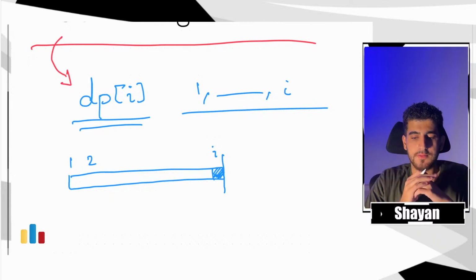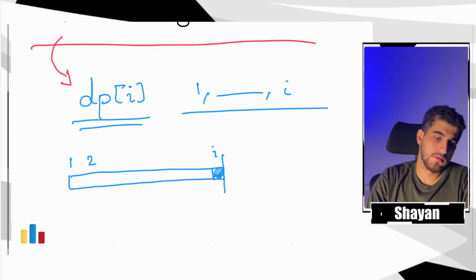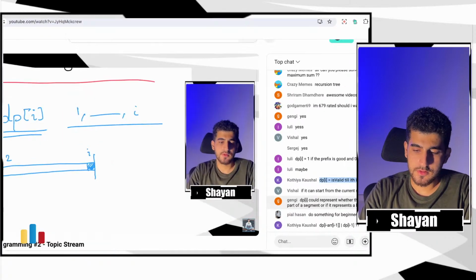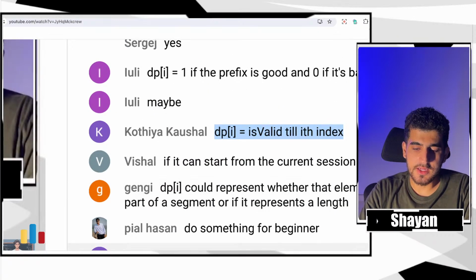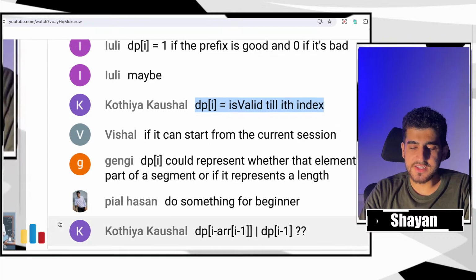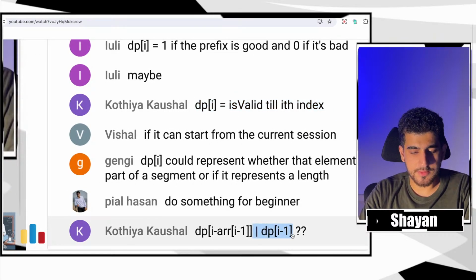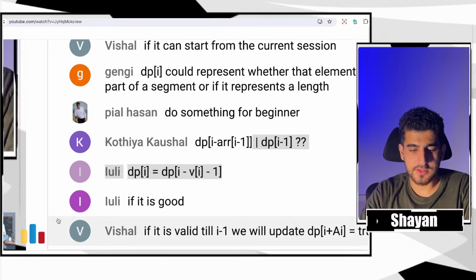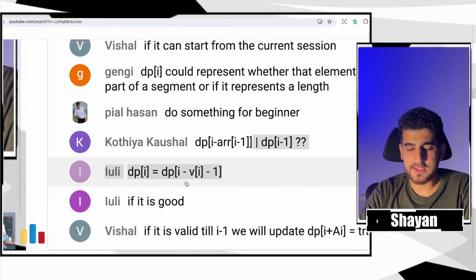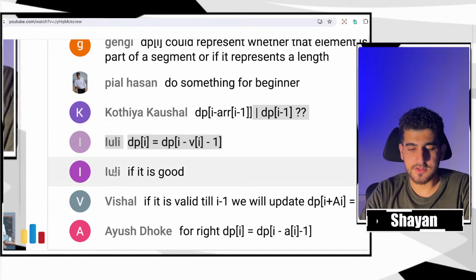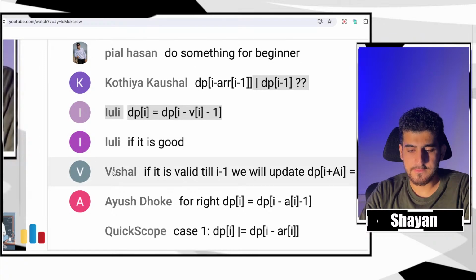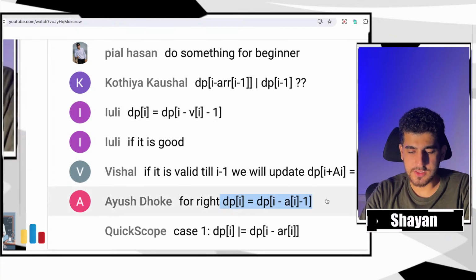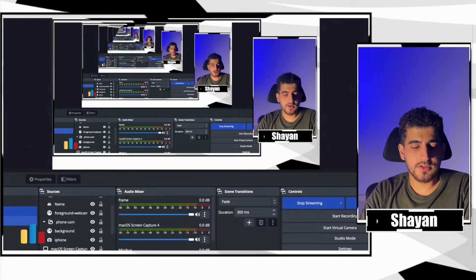Do you have any idea? DP of I is equal to, first, let's forget about the second possibility. Let's first consider if it is to the right of it. Exactly. This is exactly correct. Awesome. This is also correct. Awesome.